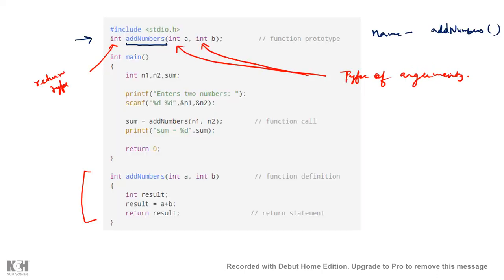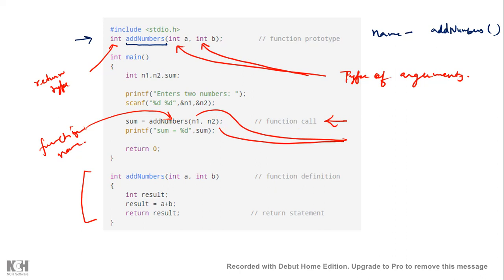If we look back to our previous example, this is the location where we have the function call. This is our function name, and these n1 and n2 are our arguments.